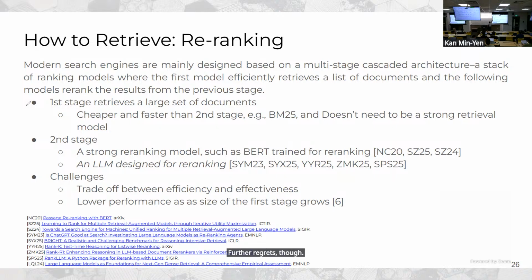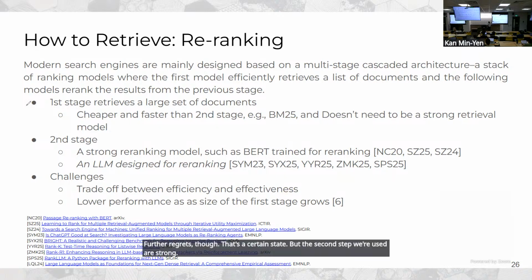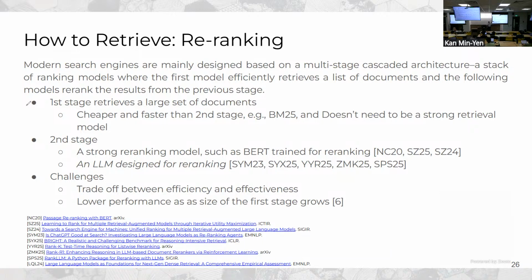That's the second stage. For the initial retrieval, we focus on efficiency to perform the initial filter, because the candidate document corpus is very large, right? So that's the objective of the first stage.